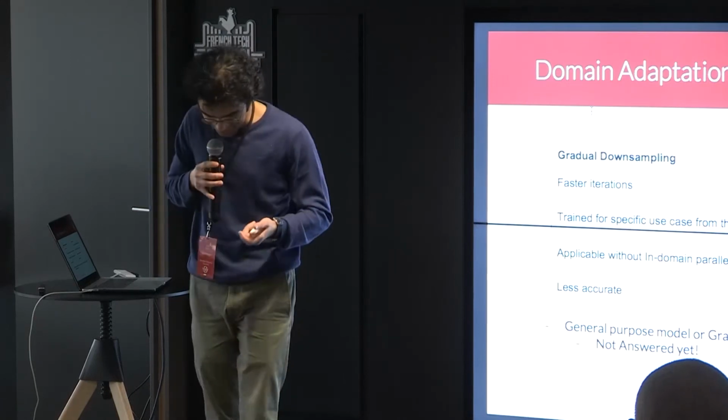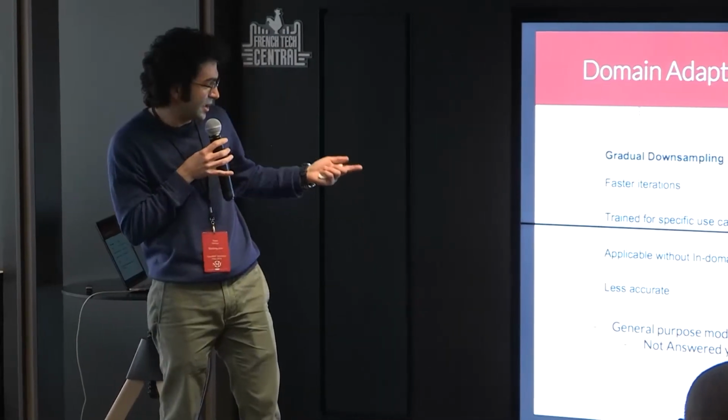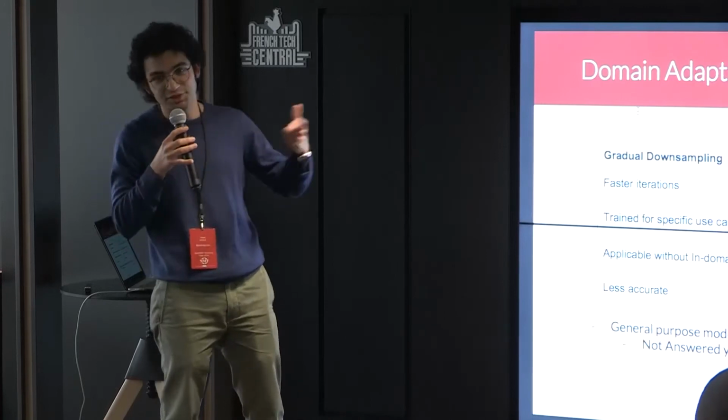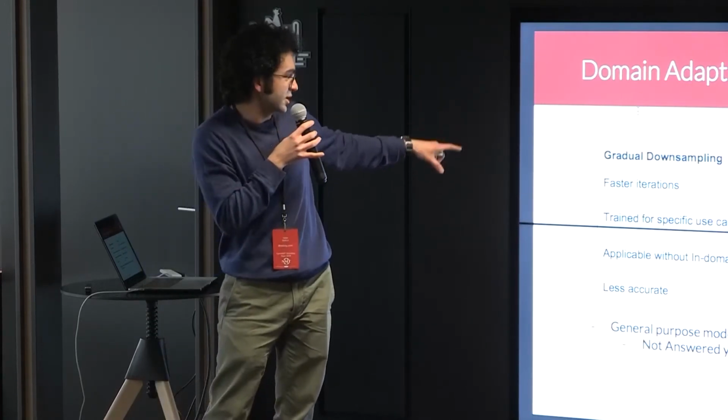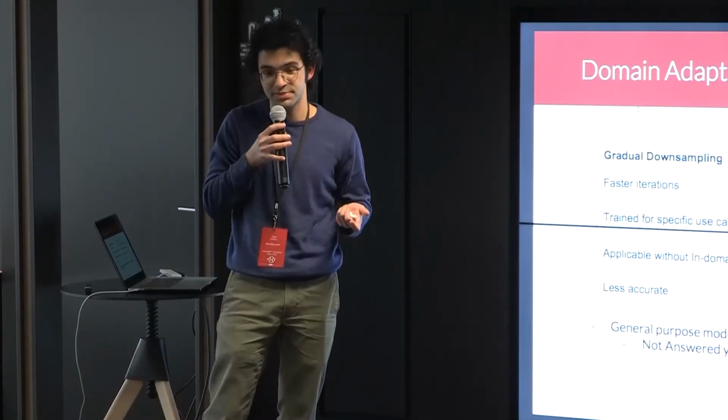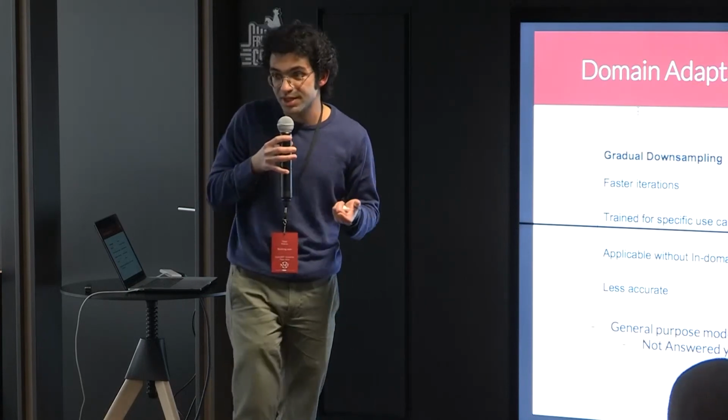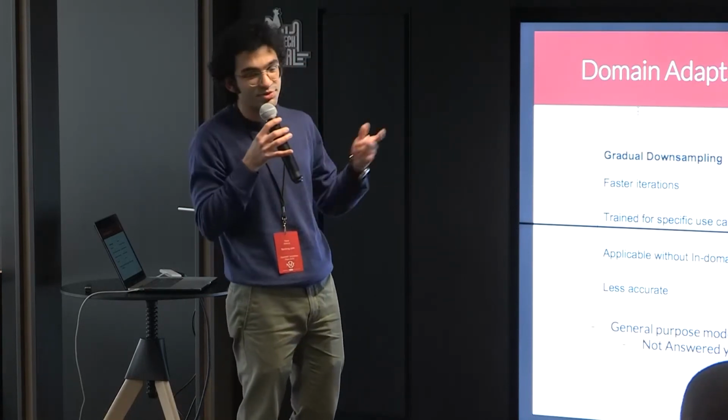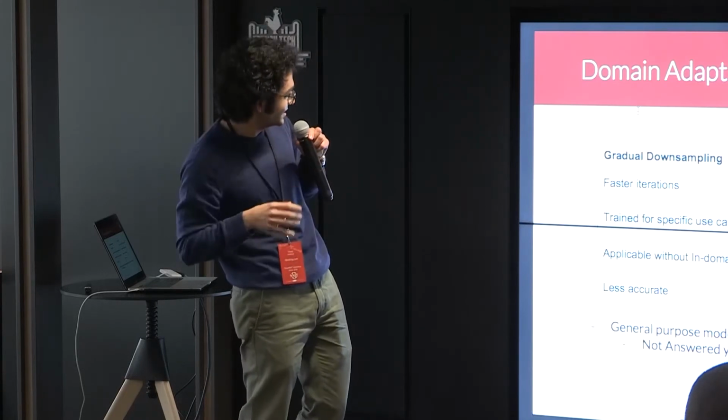One unanswered question that we didn't experiment with: if we have a general model without gradual downsampling and without domain adaptation, will it perform better than gradual downsampling or not? This is not answered yet.